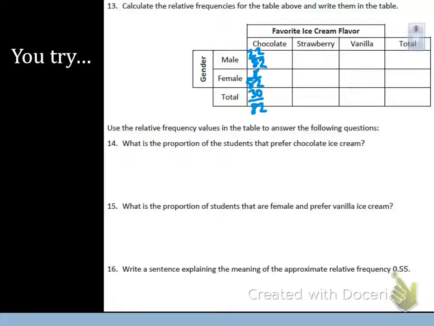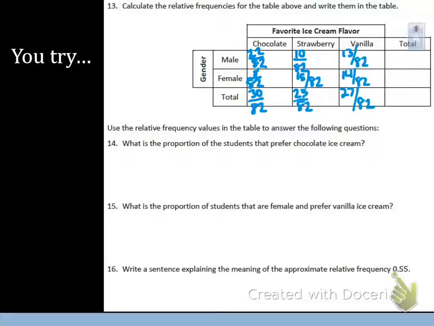The strawberry is 10 over 82 for the males. The females was the 15 over 82. And the total for that was 25 over 82. For the vanilla, the males was 13 over 82. The females were 14 over 82. And then the total for that was 27 over 82.